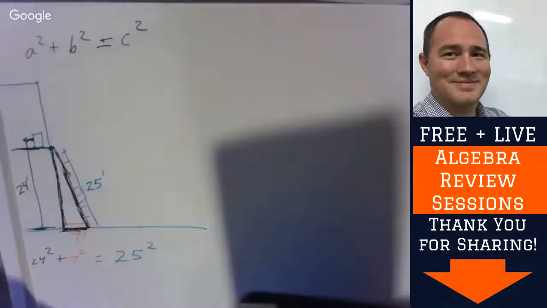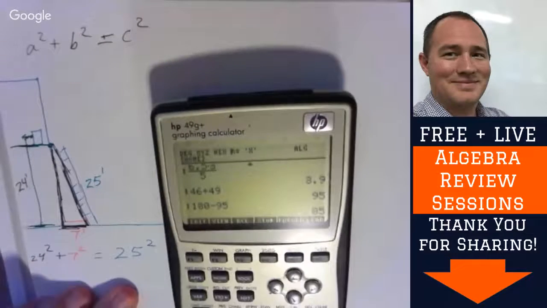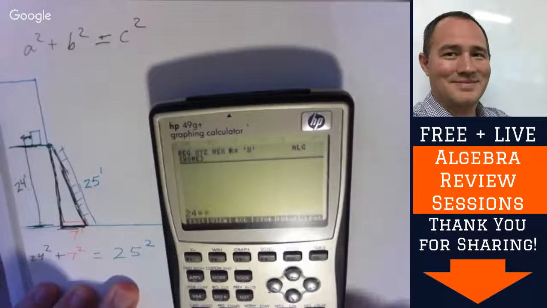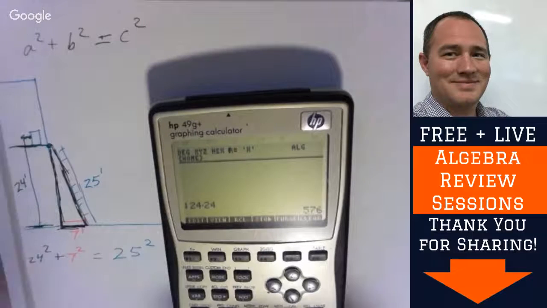So to make sure we get our math correctly, let's do this together. Clear that screen. So 24 times 24 is 24 squared. That's 576.